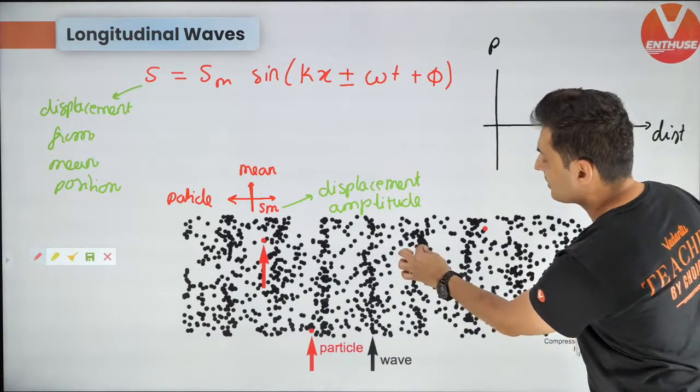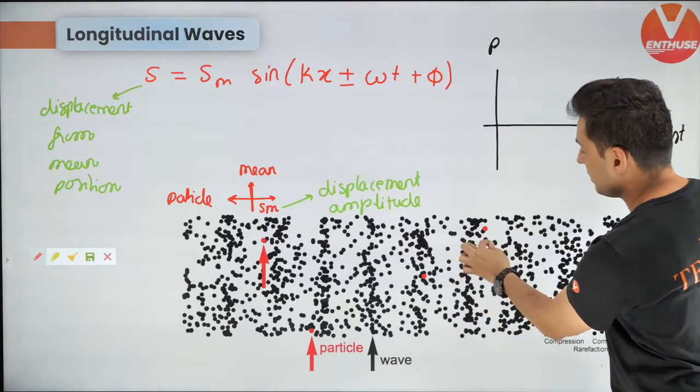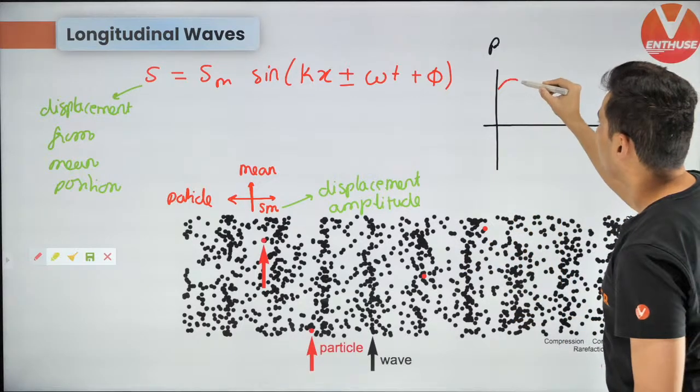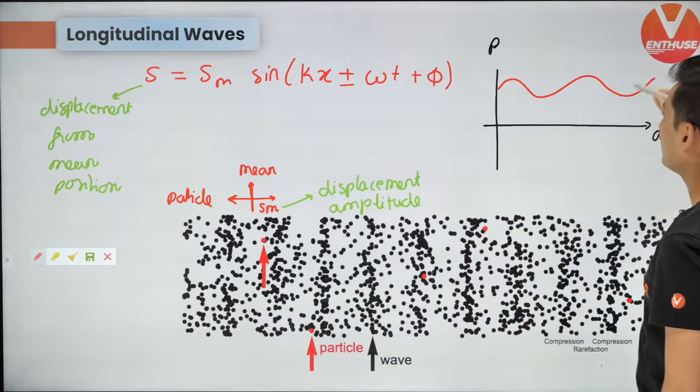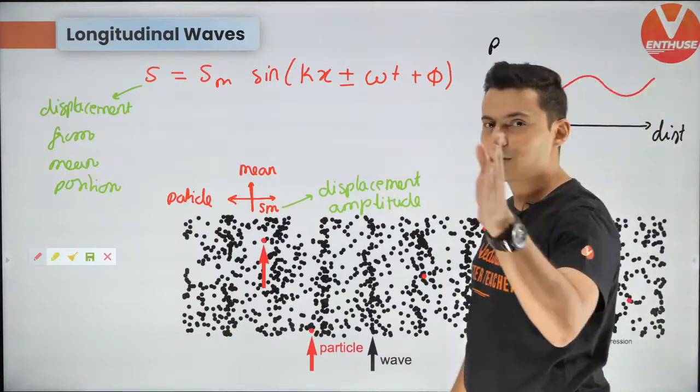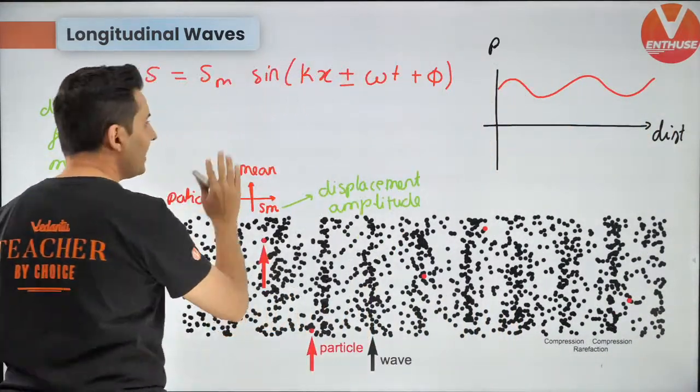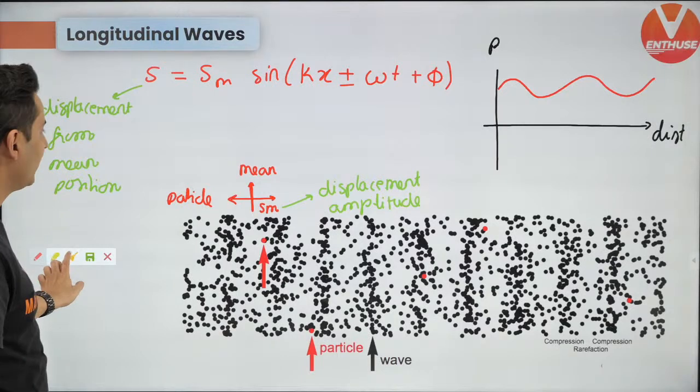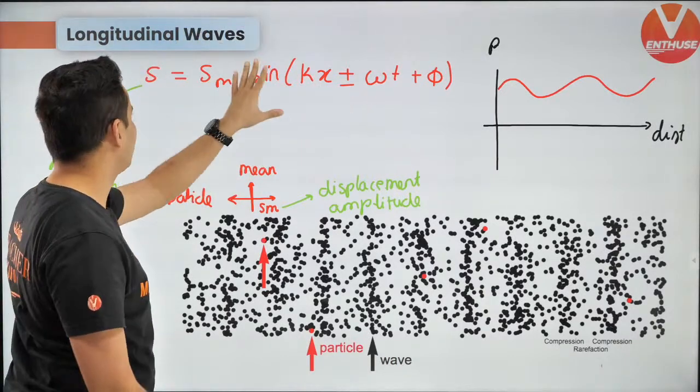Some places there is high pressure, low pressure, high pressure, low pressure. So it's going to go up and down like this. So let's see how that graph exactly looks like. I hope you have noted this term down.